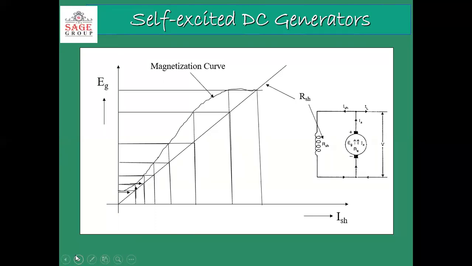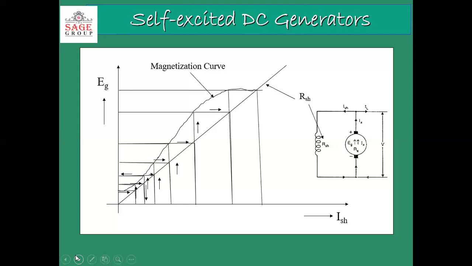This process carries on building up of the EMF and simultaneous increase in the field current in the shunt field winding. This has been properly explained in the previous lecture.